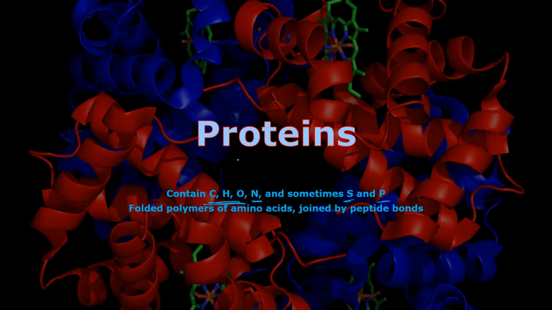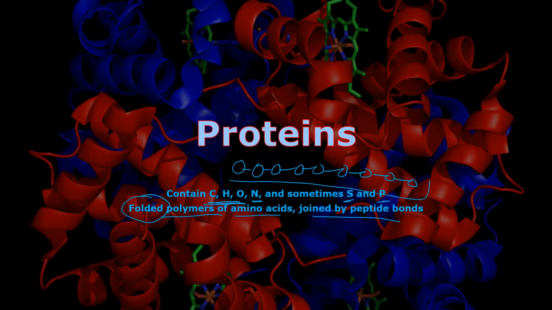We've seen this a few times already, but I'll restate it. If you want to draw a protein in its simplest form, it's just a polymer of amino acids linked by peptide bonds. The key here that we haven't seen is the word folded. So what we're going to do is take this necklace of amino acids that are linked by peptide bonds and fold them.